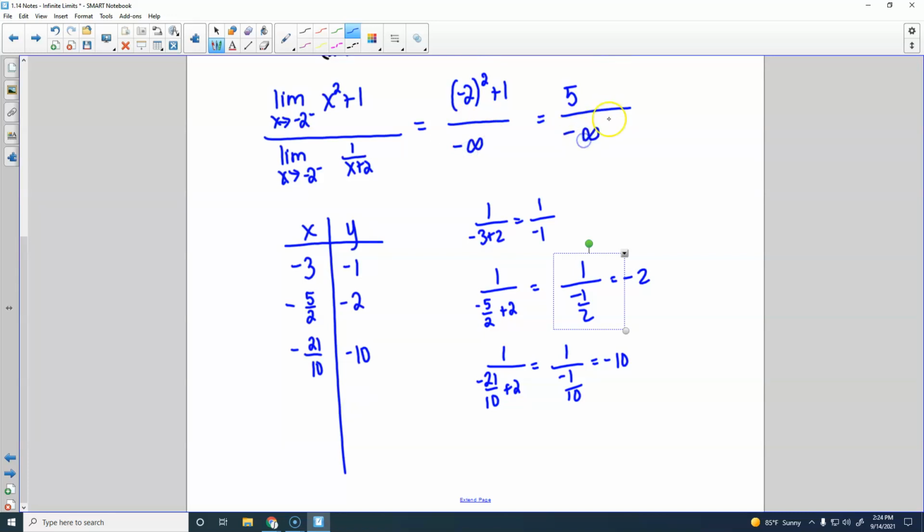What is 5 divided by negative infinity? Zero. If infinity's in the bottom, it's so much bigger than anything else that could possibly be on the top that it's 0. It's super small, so tiny that it's 0.